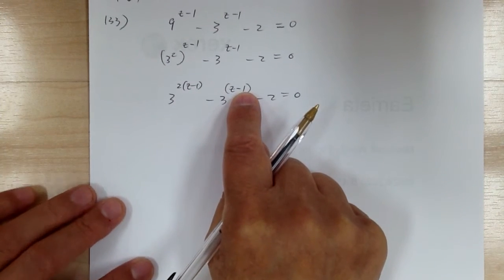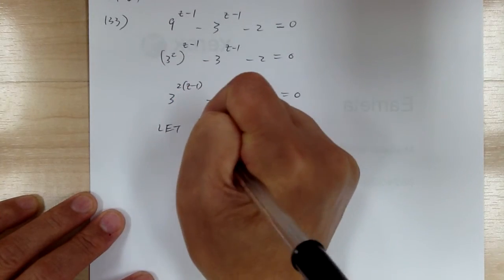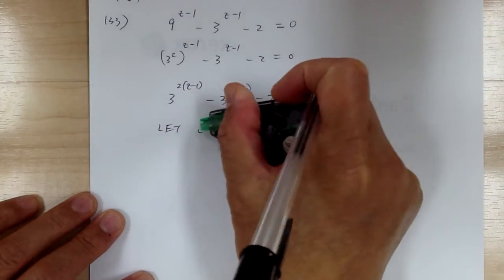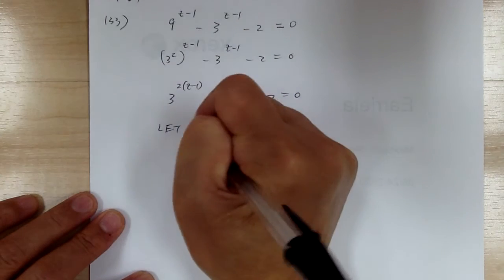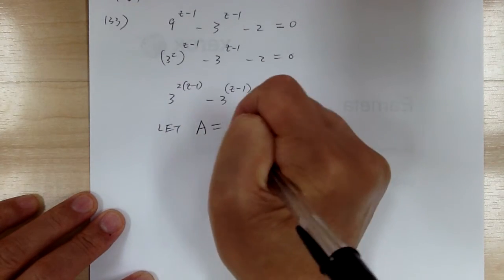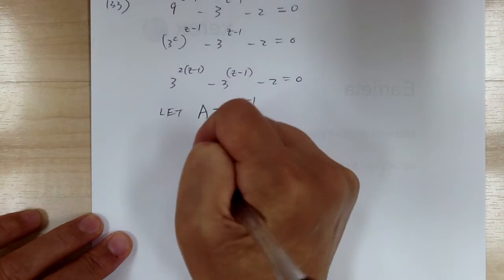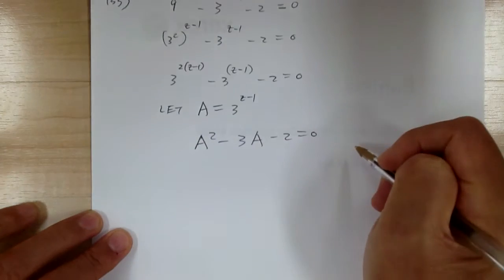So that means this is a quadratic form. So you want to let z, z is already used. So let's use a different variable. You can use any variable. You can let a equal to 3 to the z minus 1. Okay. So this becomes a squared minus 3a minus 2 equal to 0.